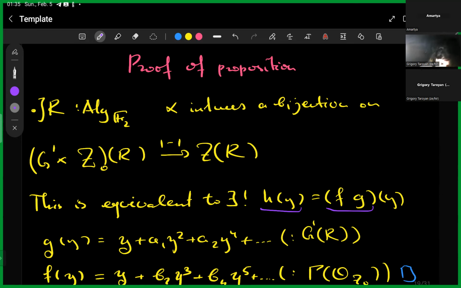So this is not a completely rigorous proof, but if you play around a bit with compositions of polynomials, you will see that if we use these A's and B's as indeterminates, then you can recover them from the coefficients of the resulting polynomial H. So this is a pretty standard exercise when you try to, I don't know, find some inverse in cohomology rings, then you usually do something very similar.